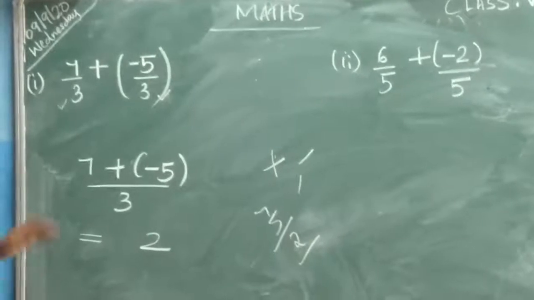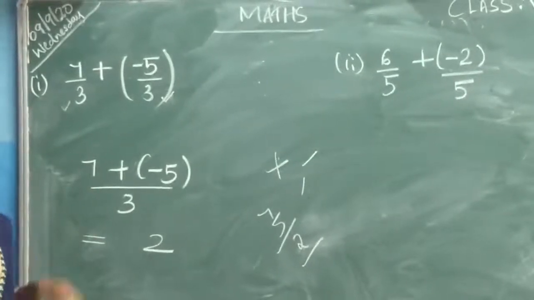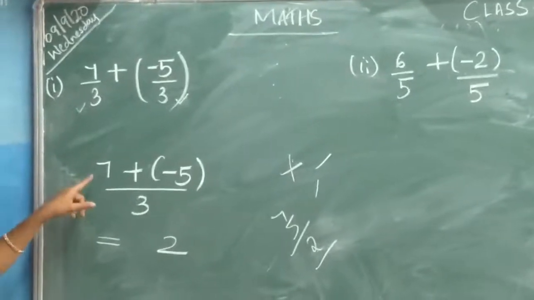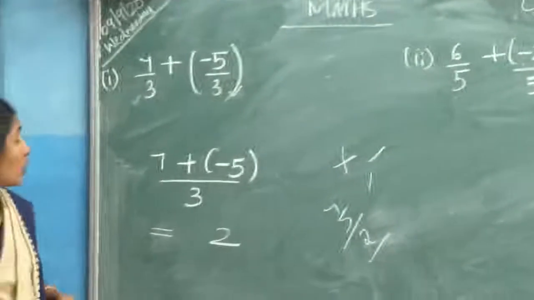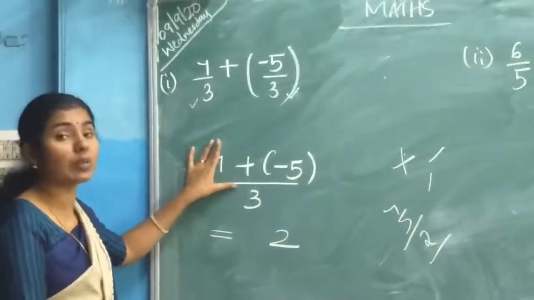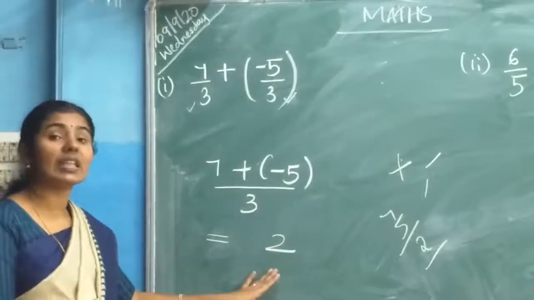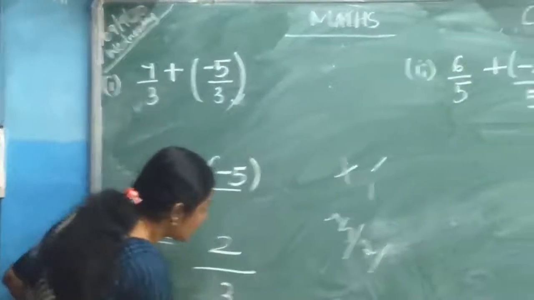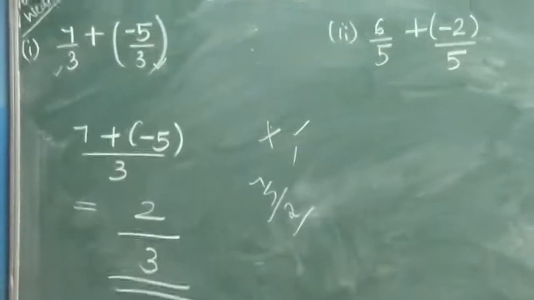Which one is the greatest number, 7 or minus 5? The greatest number is 7, and it has a positive sign. 7 is a positive number, so this result is also positive. So what is the answer? 2 by 3. Can you understand?